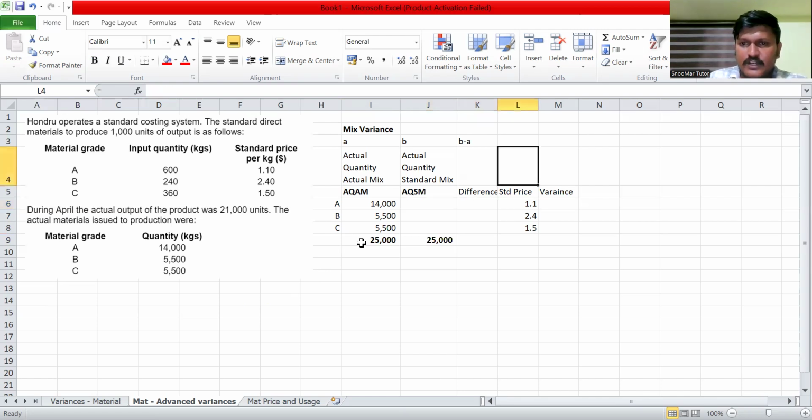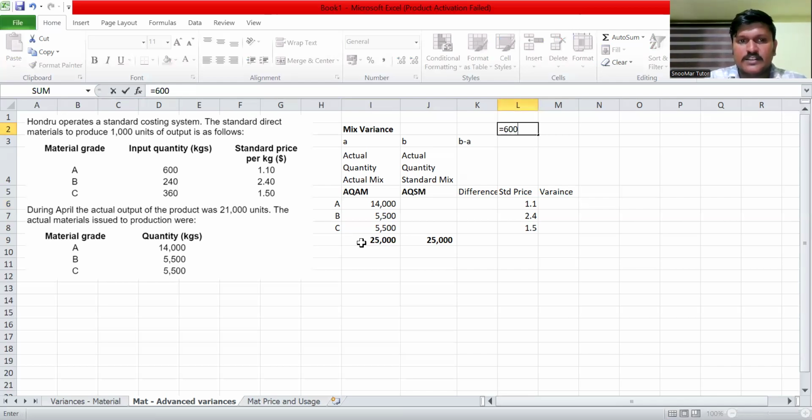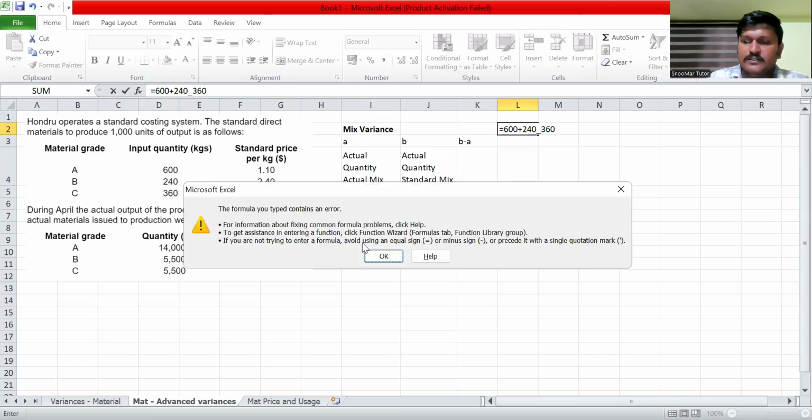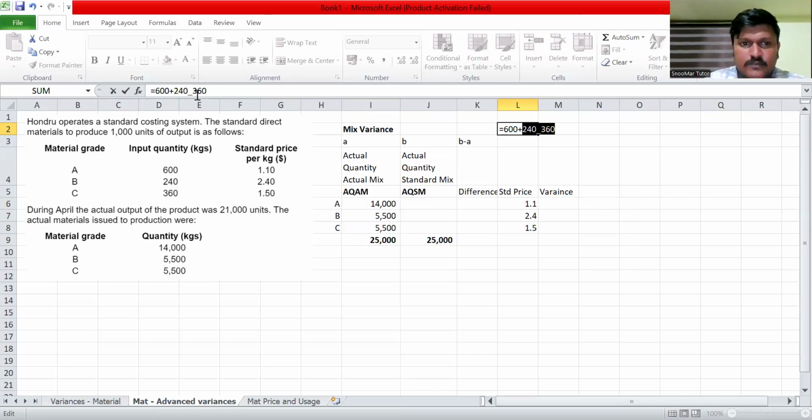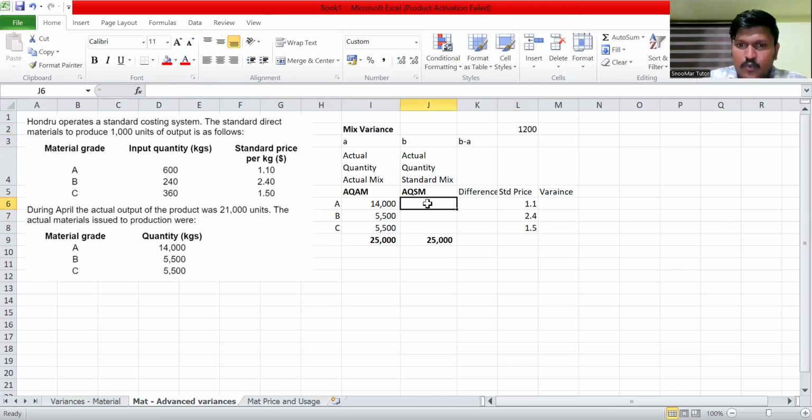So your standard usage per 1,000 units is 600 plus 240 plus 360, a total of 1,200. So if I'm going in that particular ratio, what would be my usage over here?